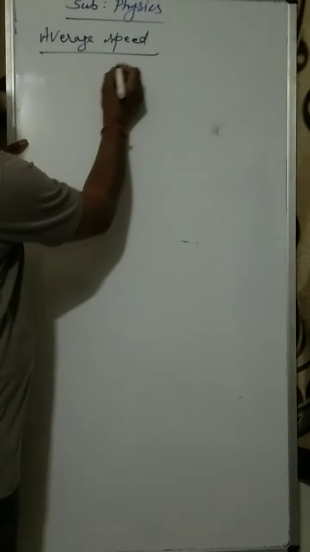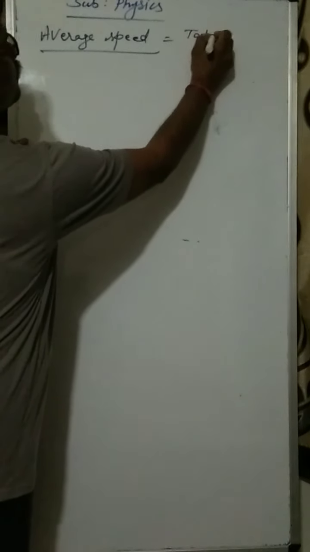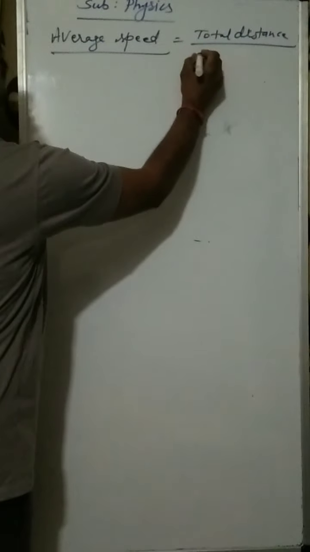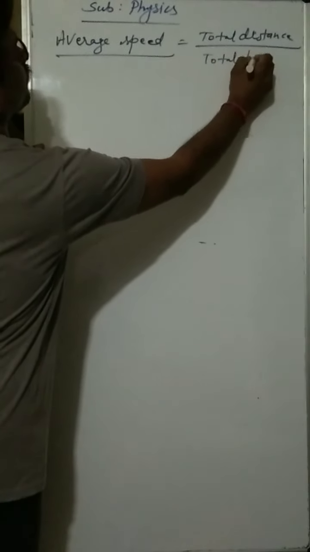So we use the term average speed. Average speed is defined as the total distance covered in total time. Total distance upon total time. So this is the average speed.